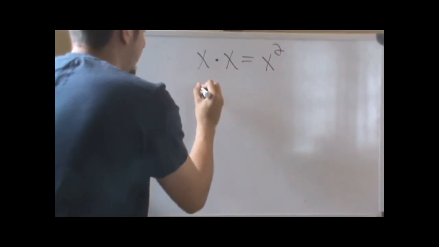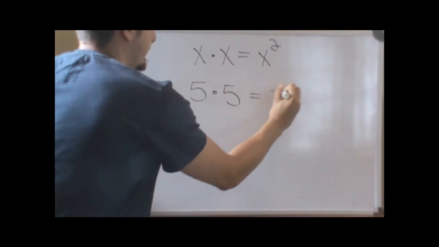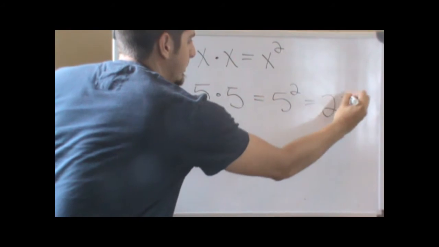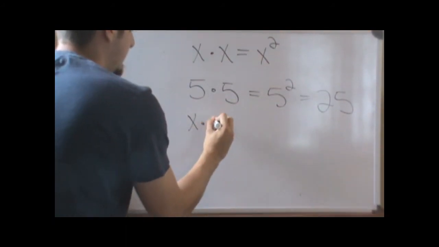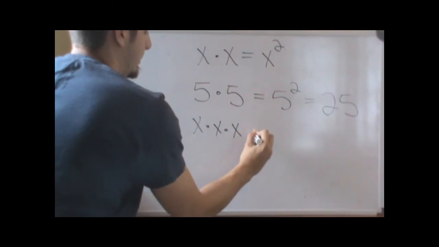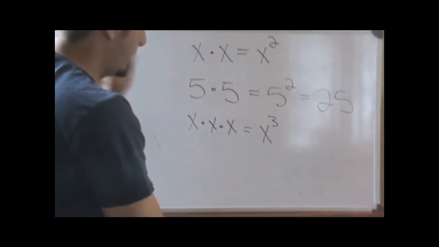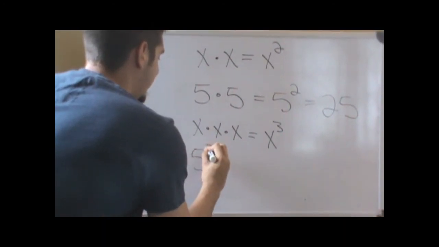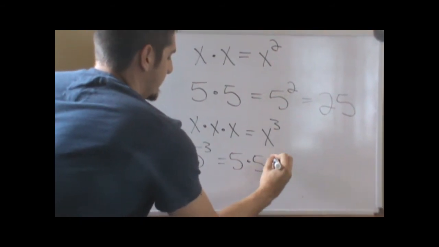Because if you recall correctly, 5 times 5 means 5 squared, or in other words, 25. Now if I had x times x times x, that would mean x to the 3rd power. In other words, I'm multiplying 3 x's together, just like 5 to the 3rd power means 5 times 5 times 5.